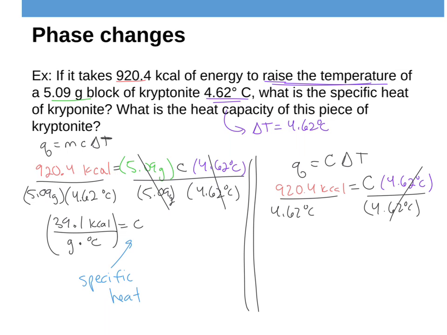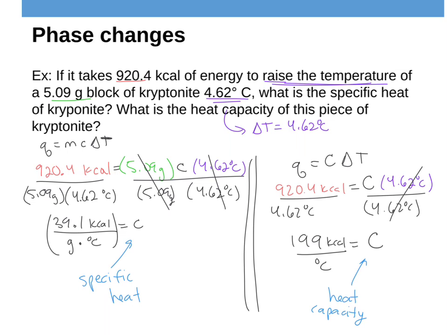So those cancel out, and I get that my big C is going to be 199 kilocalories per degree Celsius. And that's exactly what a heat capacity unit-wise should look like. So the heat capacity is just saying that it takes 199 kilocalories to raise this hunk of kryptonite 1 degree Celsius.